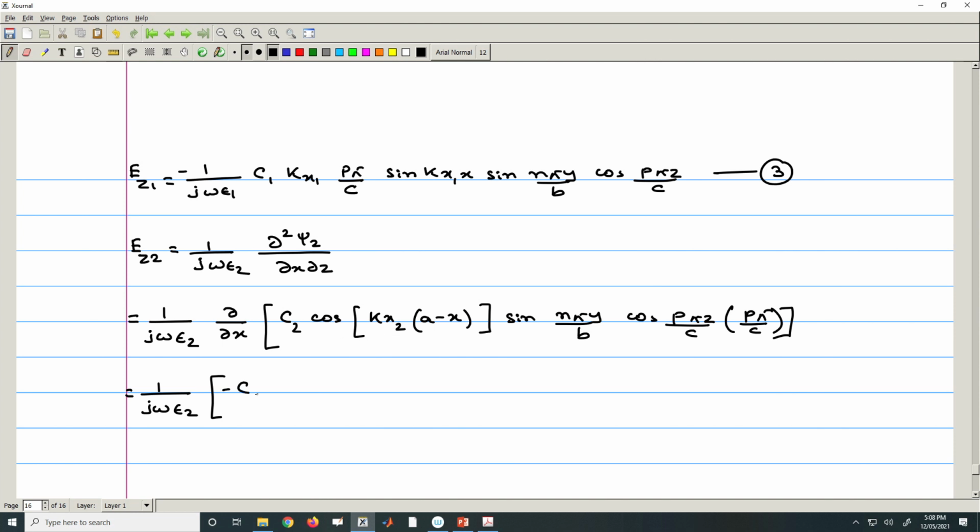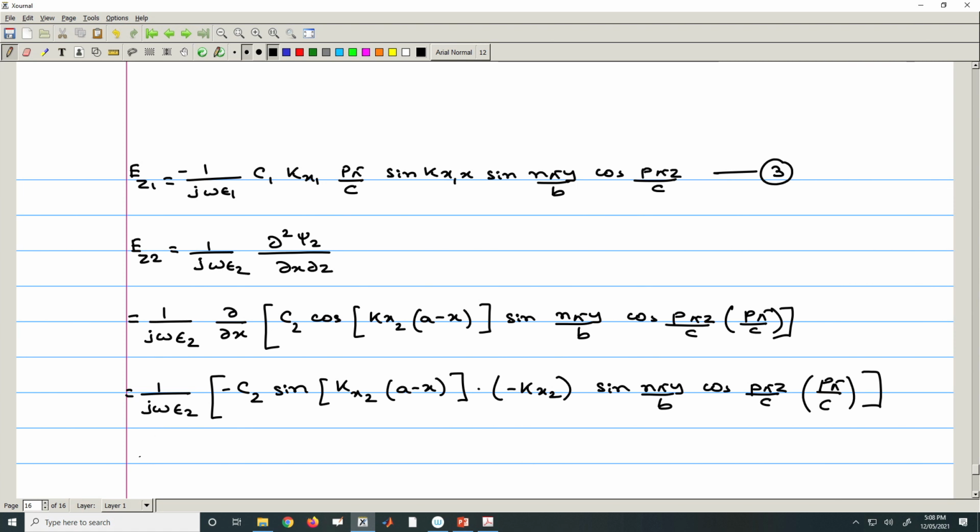So minus c2 sin of kx2 (a minus x), multiplied by minus kx2 for complete differentiation, and then we have sin of n pi y upon b, cos of p pi z upon c, and then p pi upon c.